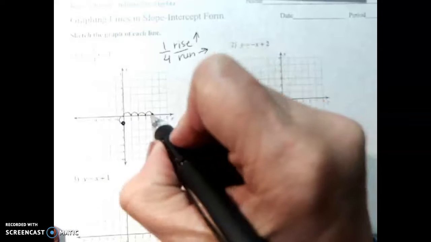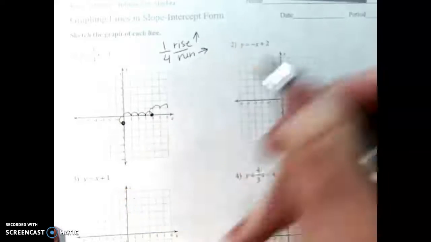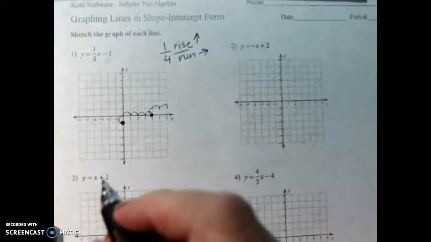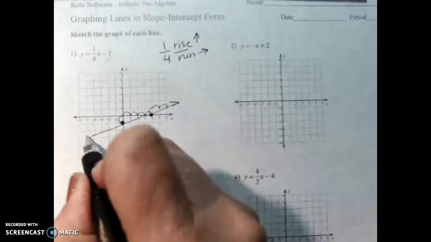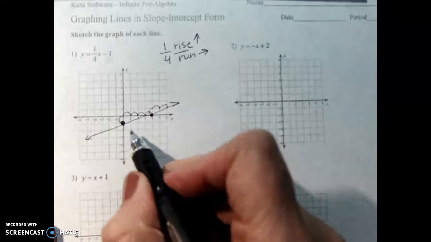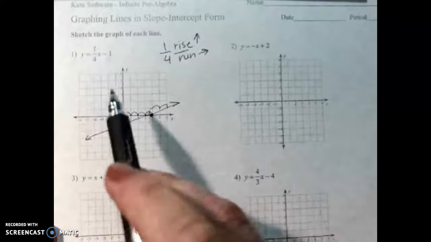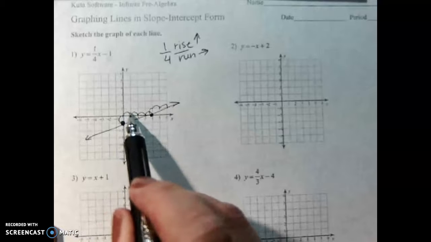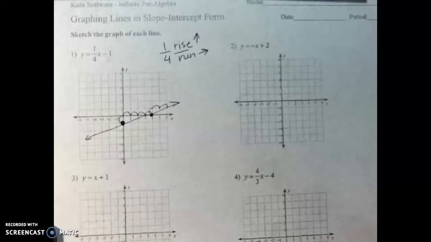Then we're going to rise 1 and we're going to run 4, and it would keep on going to the right. And I can connect my lines right there. Okay, so the y-intercept is -1, and my m is 1/4. I'm going to rise 1 and run 1, 2, 3, 4.